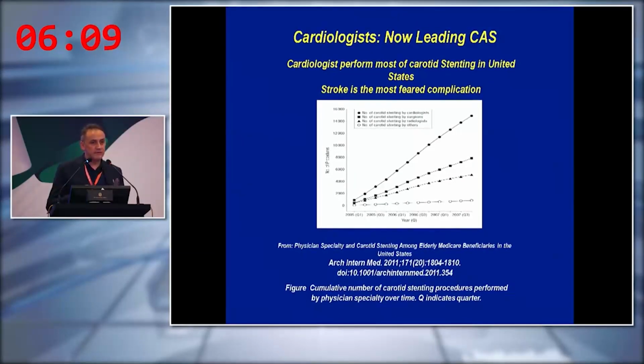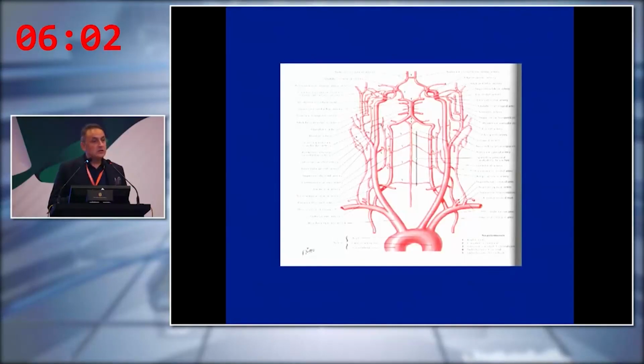Of course, if we have enough training and knowledge. That's the question. Anatomy is very important, but it's not that big a deal. We are cardiologists, we have enough, I think, IQ to learn neuroanatomy. I think we can easily learn it, but we have to know everything about it.